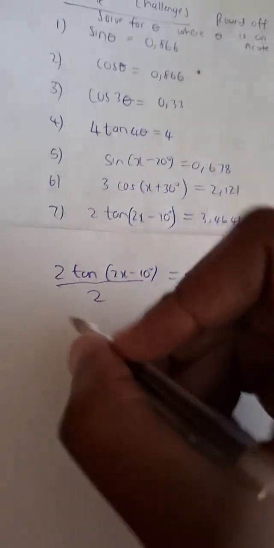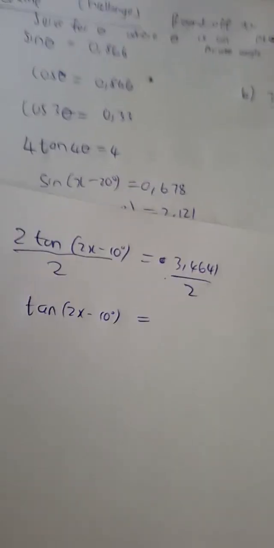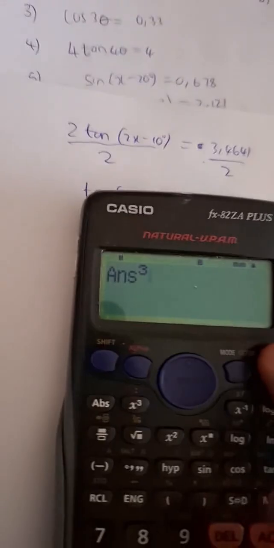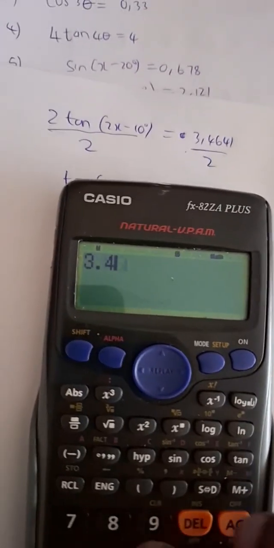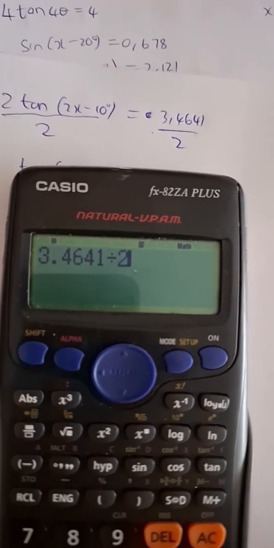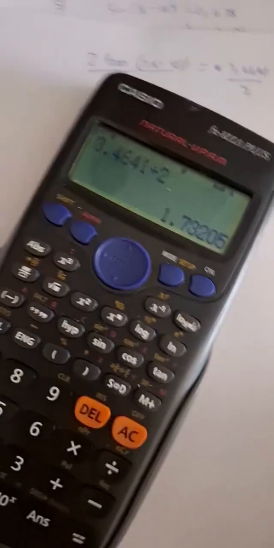You can see it from a distance. So we grab our calculator, we check out what 3,4641 divided by 2 is equal to. That's what it's equal to here.